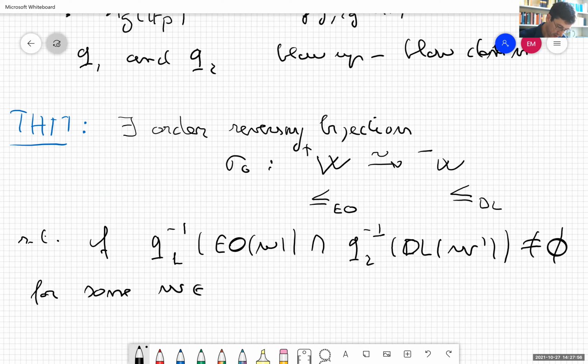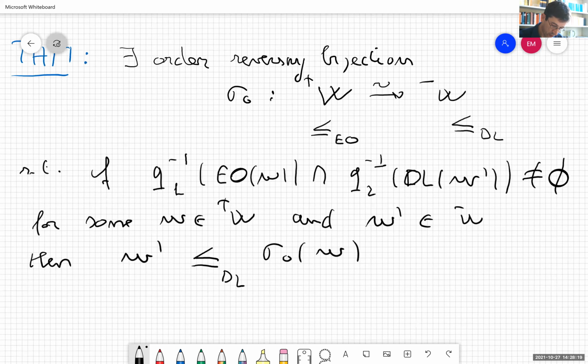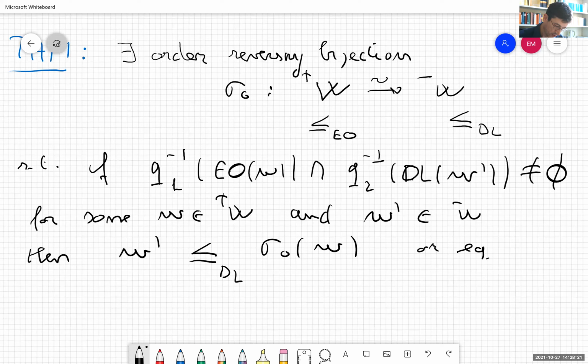for some W in W plus and W prime in W minus, then we must have exactly the phenomenon that we saw in the cases g equal 1 and g equal 2. So the W prime is less or equal for the Deligne-Lusztig order than sigma 0 of W, or equivalently, W is less or equal in the Ekedahl-Oort ordering than sigma 0 inverse of W prime.